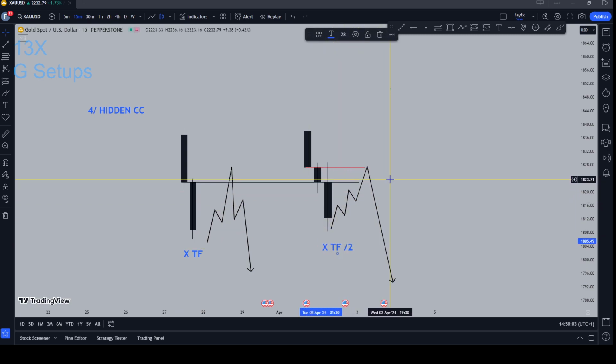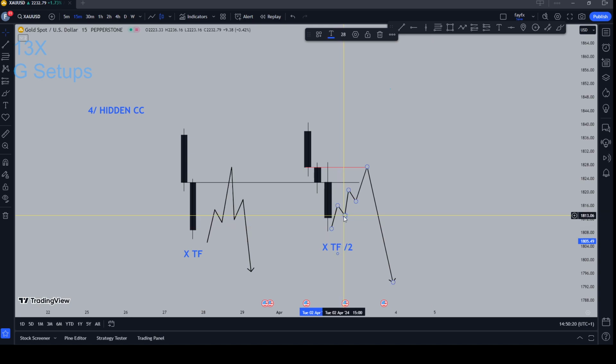We are going to find that for sells, there is a gap CC just above the main level. For buys, we are going to find the CC just below the main level.